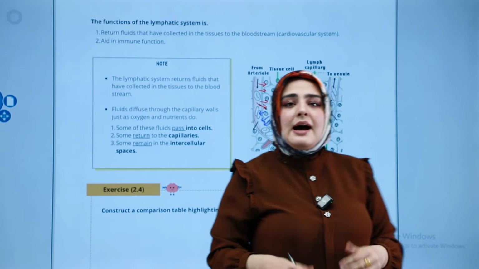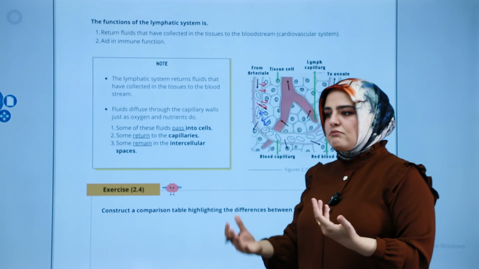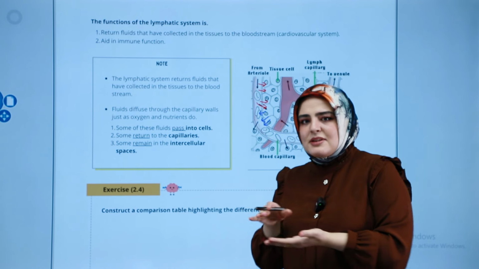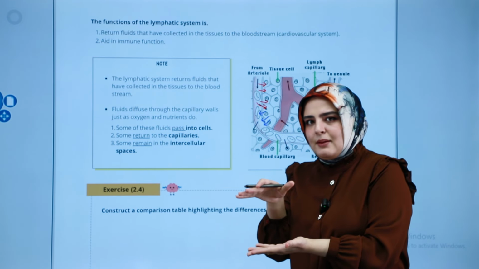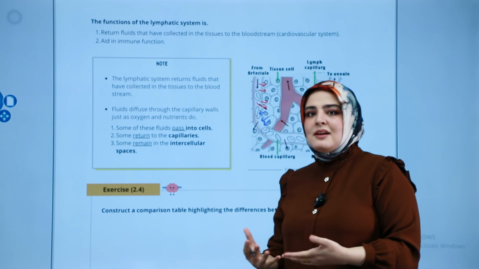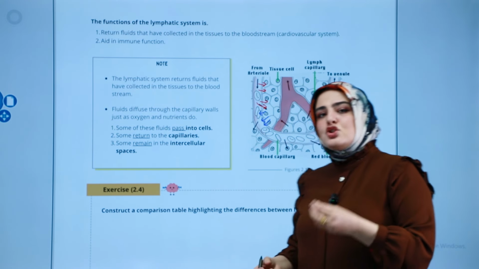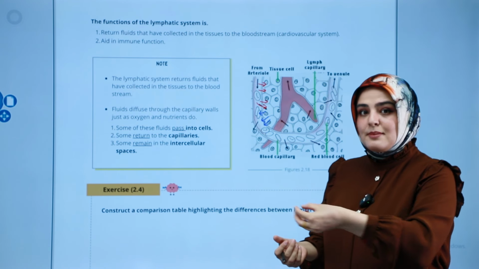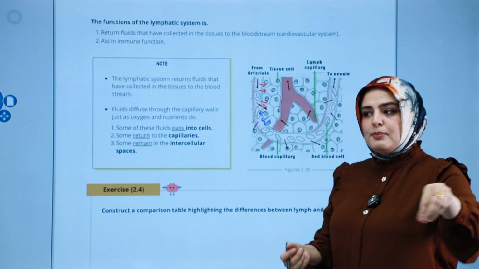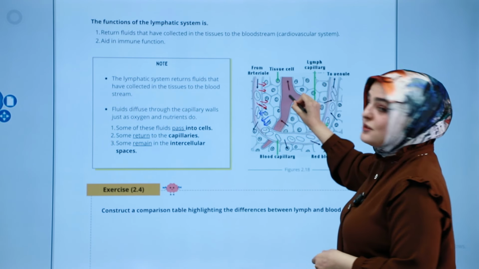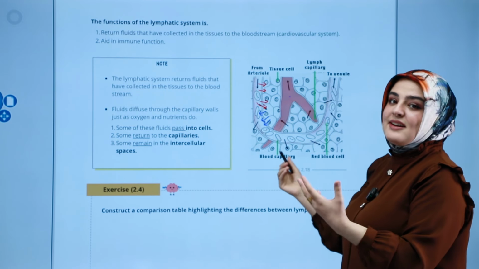However, if that happens every day, a couple hundred times, this little amount is going to pile up and make your tissue swollen, full of water. And the blood is going to lose its volume. So we need to take these liquids with a drainage system back to the blood so that blood volume stays the same and the tissues don't get swollen. Who's going to do that? The lymphatic system.